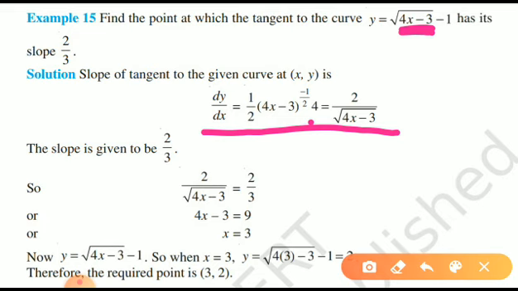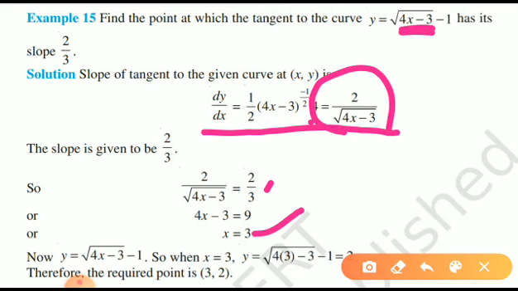So at the point (x, y), the slope is given to be 2 by 3. That means my dy by dx is equal to 2 by 3, so this value will be equal to 2 by 3. Equating that, I can get the value of x.